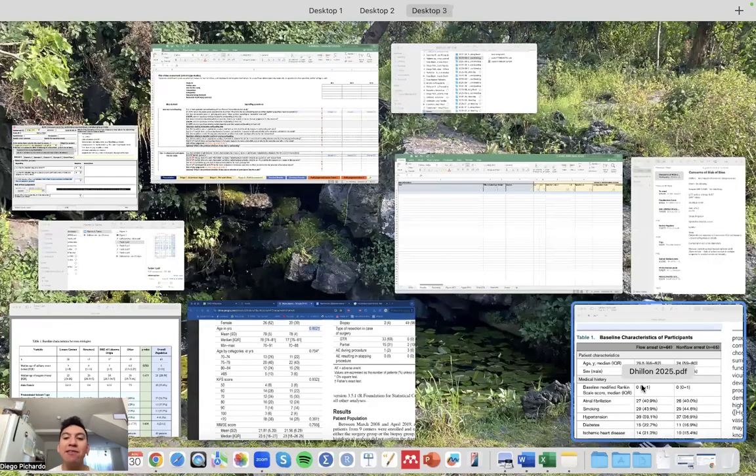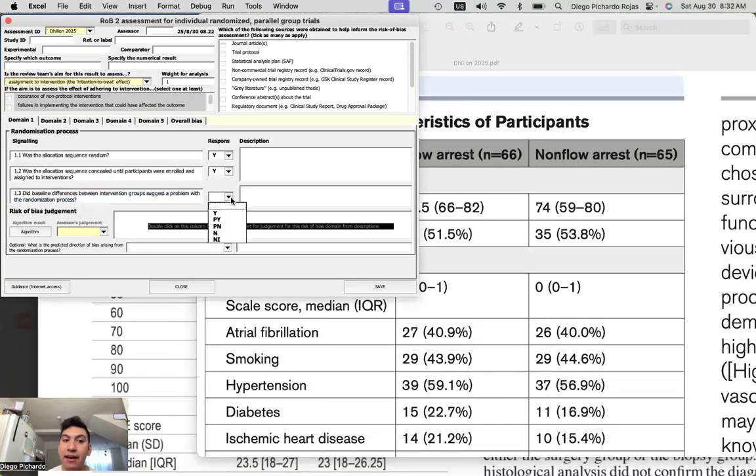So right now we're evaluating Dylan. Dylan did not clearly state. So we can't say that there was no problem with randomization. Maybe yes, probably yes, but we're not 100% sure there was a big problem, but maybe there was an issue, all right? So let's do a probably yes.